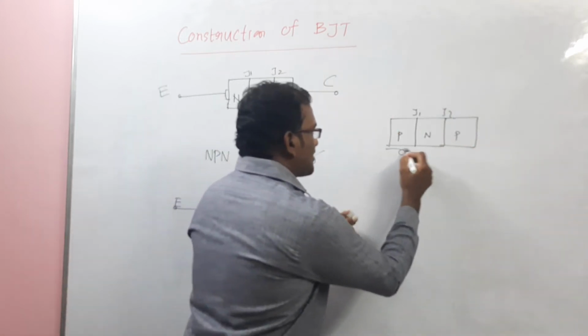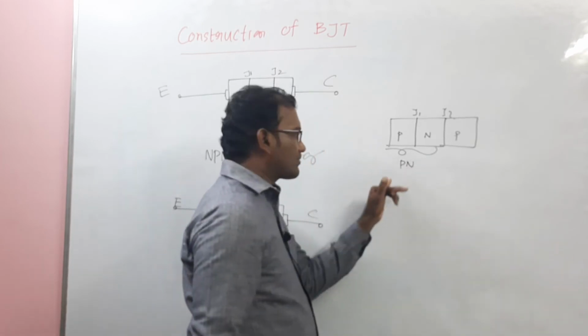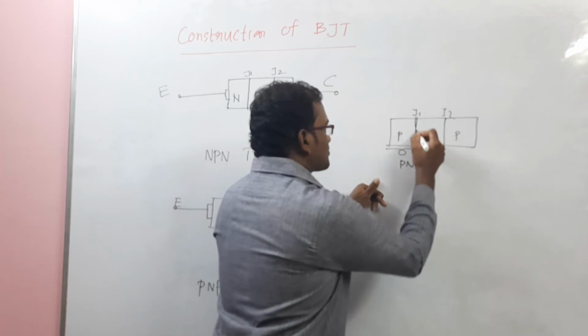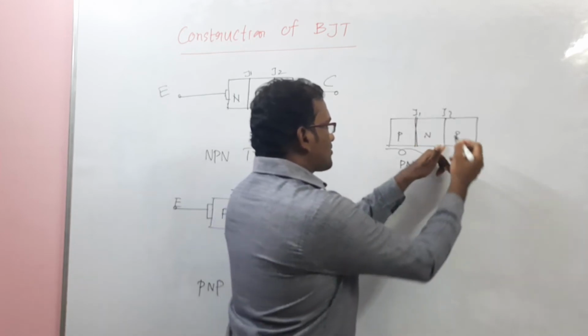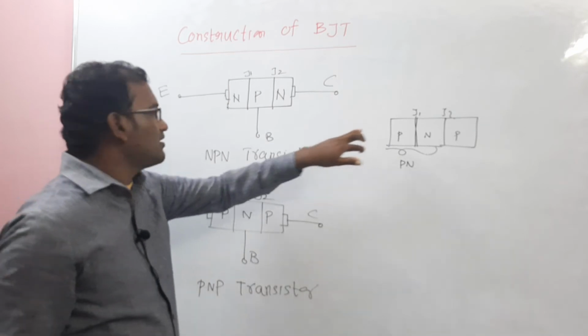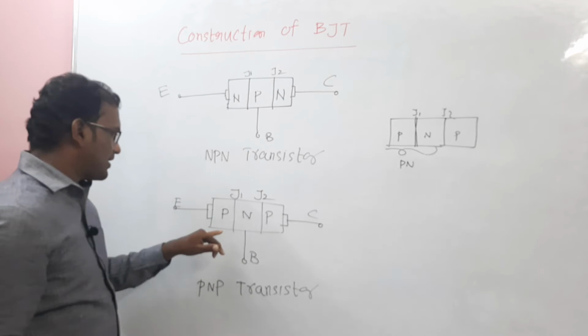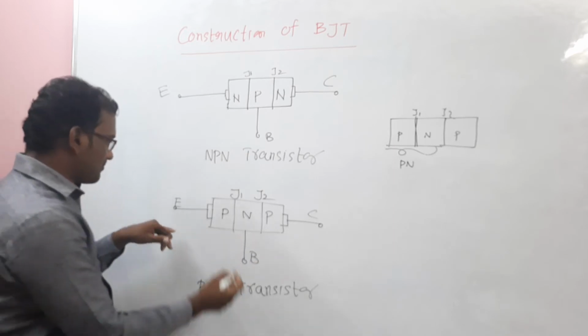Earlier we have seen, do you remember the PN junction diode? That PN junction, which means PN, is junction 1 and NP is junction 2. That is similar operation. So that is NPN, which is nothing but NPN transistor, whereas PNP transistor similarly.